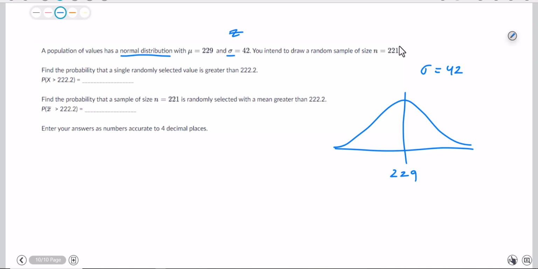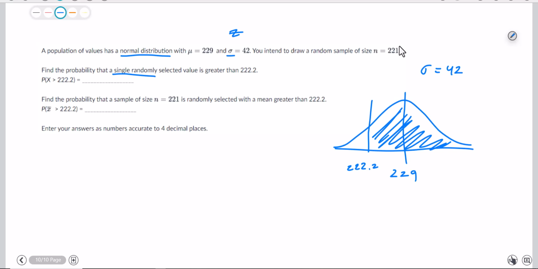And it says, find the probability that a single randomly sampled value is greater than 222.2. So you're looking for this area right here.